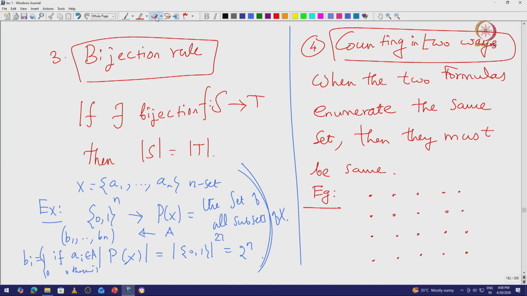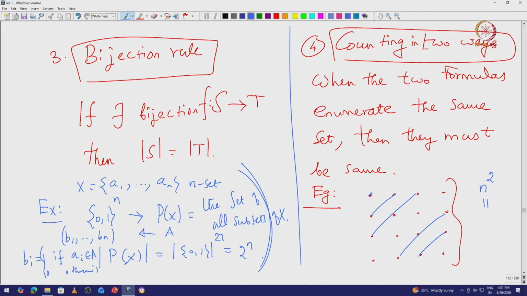So, let us just erase this. Then one can actually count it in two different ways. The total number of dots is exactly n squared. This will be the same as what one can calculate diagonally. We can start with this and then take this and then take this and so on.